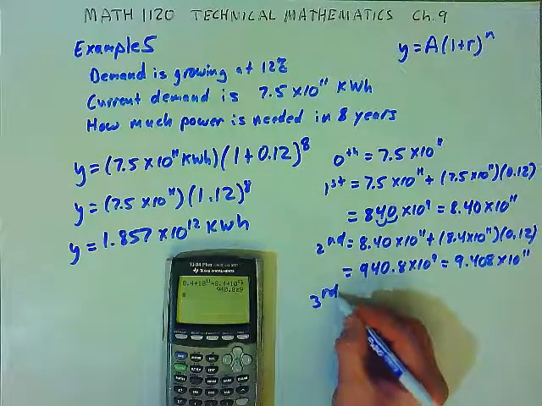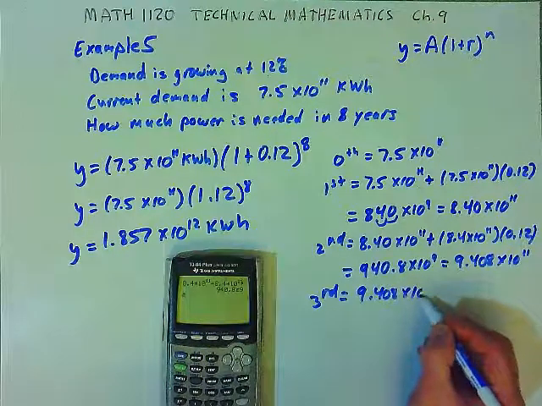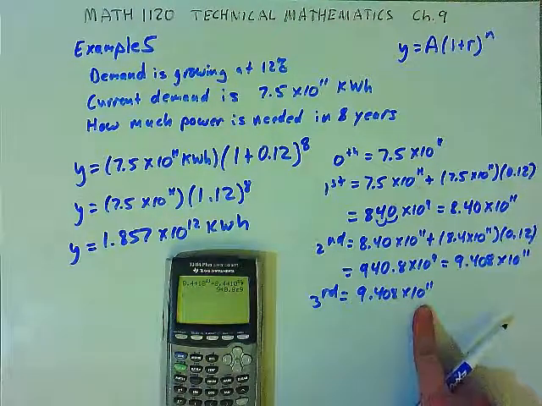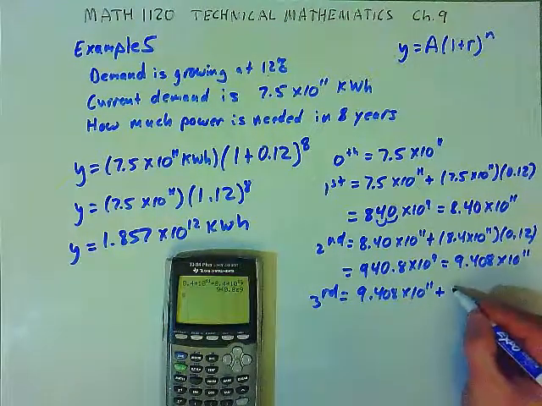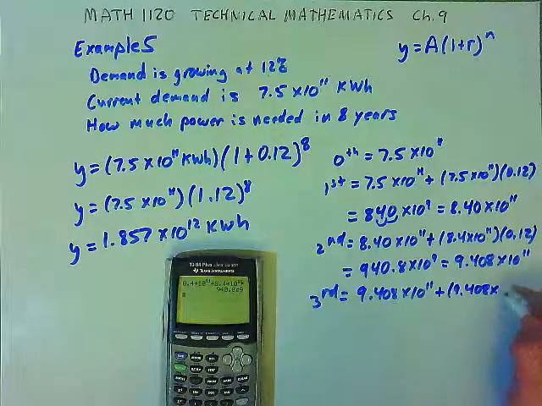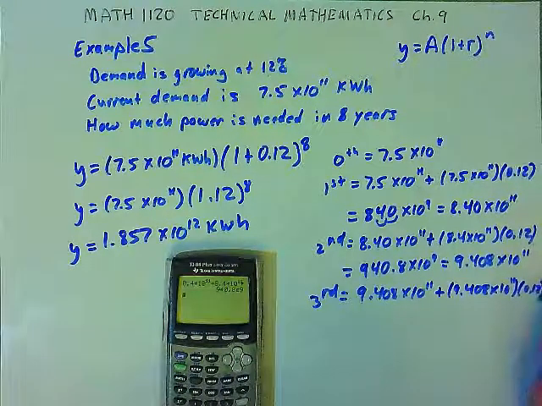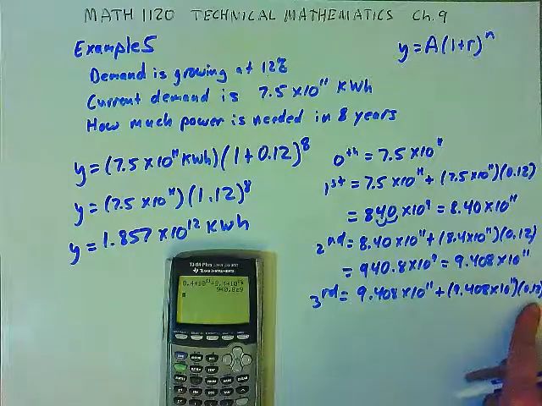The third year, we're already using 9.408 times 10 to the 11th power kilowatt hours, plus I'm going to add in another 12%. 9.408 times 10 to the 11th times another 12%, right? So I'm increasing by another 12%.